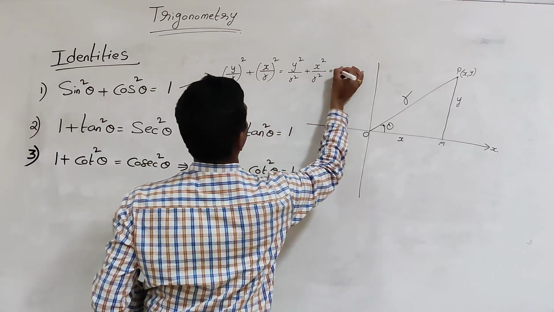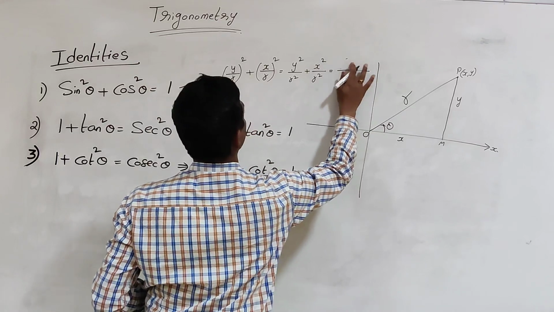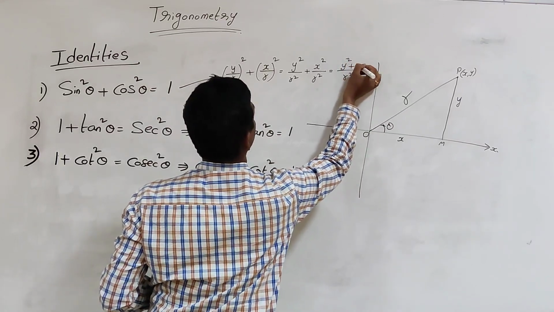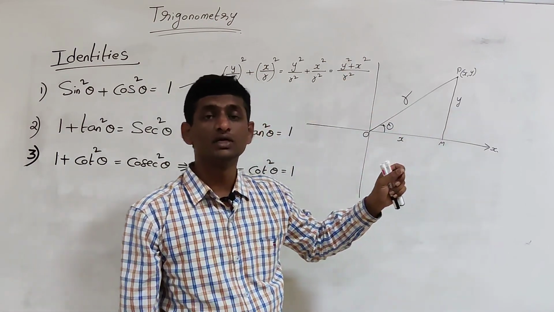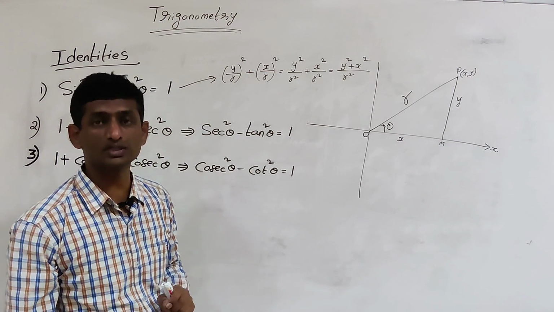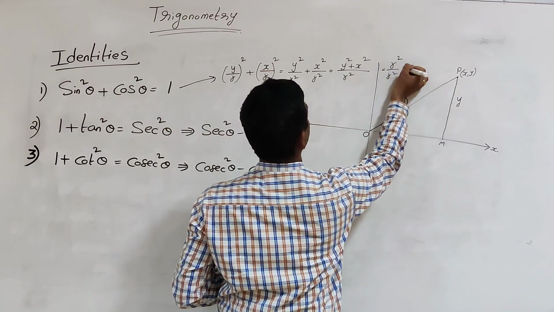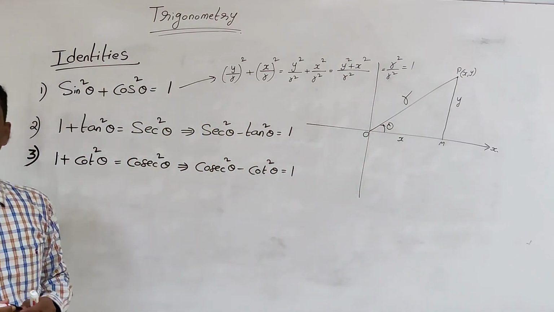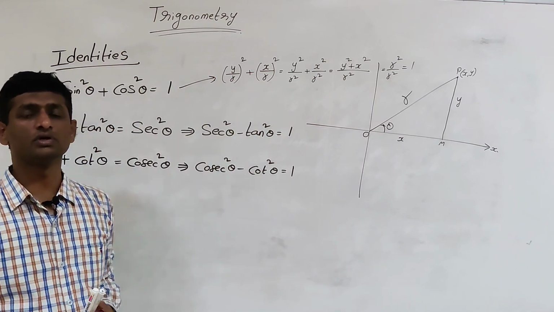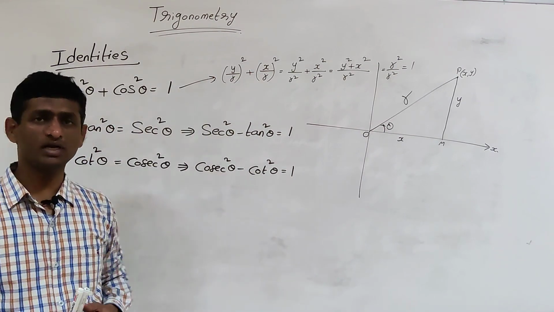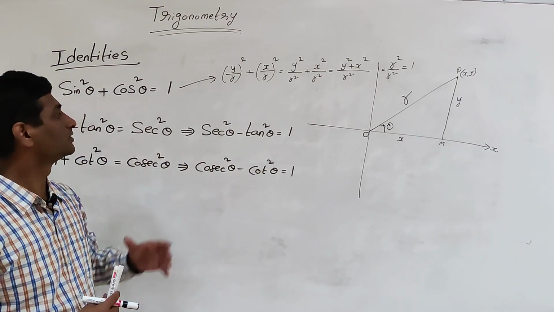R square is the LCM, so x square plus y square by r square. But what is x square plus y square as per Pythagoras theorem? It is r square by r square, which is always 1. So sin square theta plus cos square theta is always 1. The proof is not that important, but if you remember the identities, it is well and good.